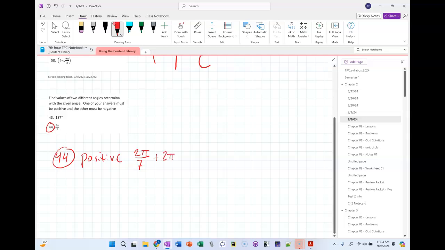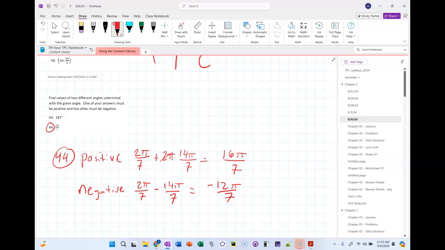Now to add 2 pi, I need a common denominator, right? So 2 pi with the denominator of 7 becomes 14 pi over 7. So that would be 16 pi over 7 is one answer. And then my negative, well, I should be subtracting then. So if I subtract 14 pi over 7, that gives me negative 12 pi over 7. And that'll do. Is that okay there?